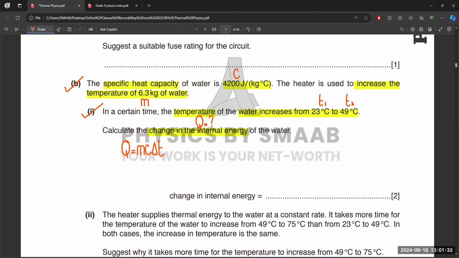Delta T is temperature because T2, T1 is given. So mass is 6.3. Specific heat capacity is 4200. T2 minus T1, it means 49 minus 23.